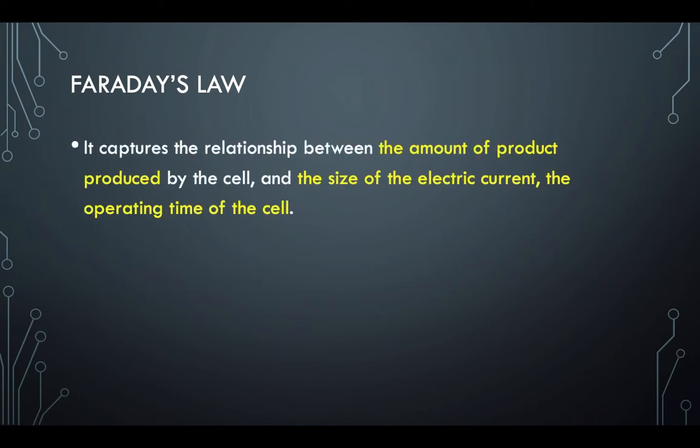Basically, Faraday's law in chemistry captures the relationship between the amount of product produced by the electrolytic cell and the size of the current and the operating time of the cell. How do they connect? Very simple.